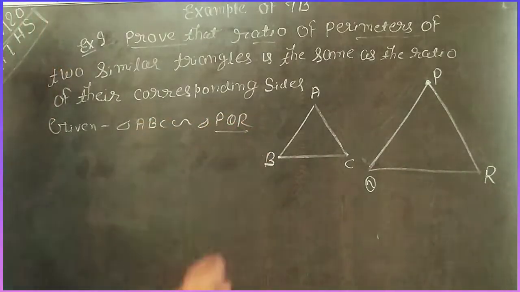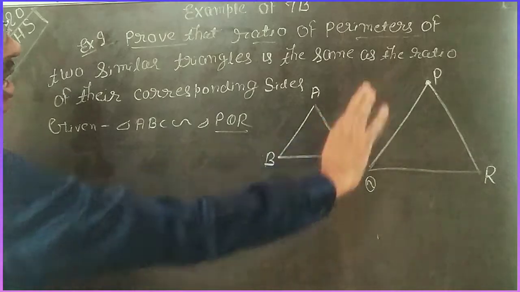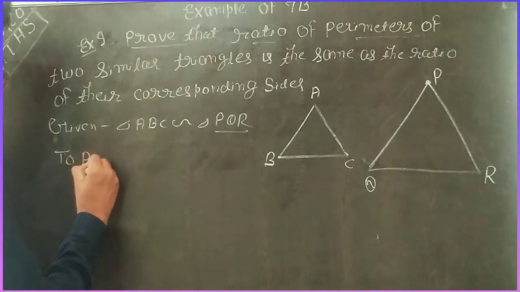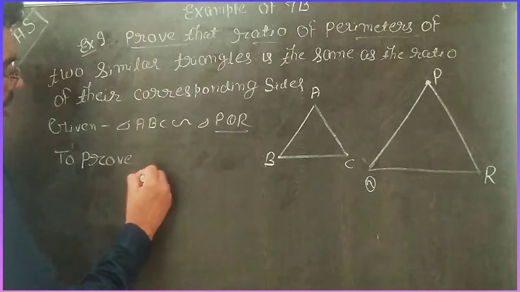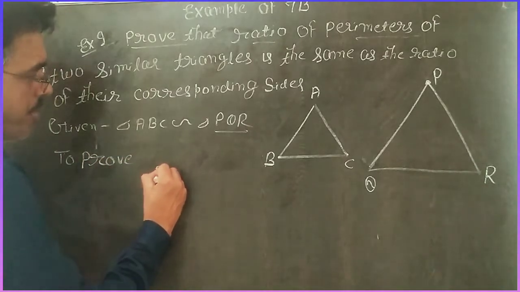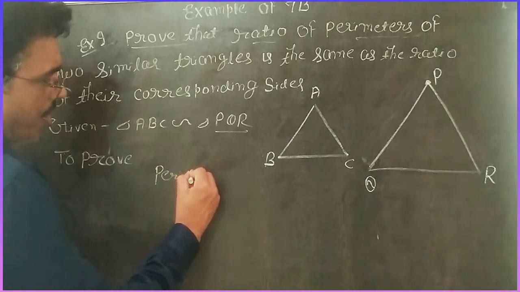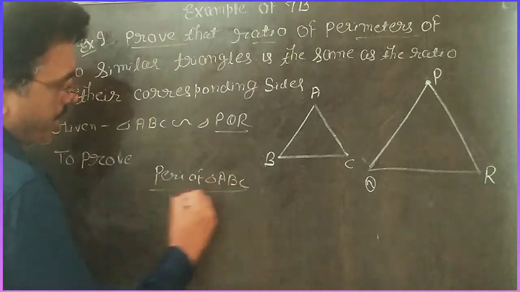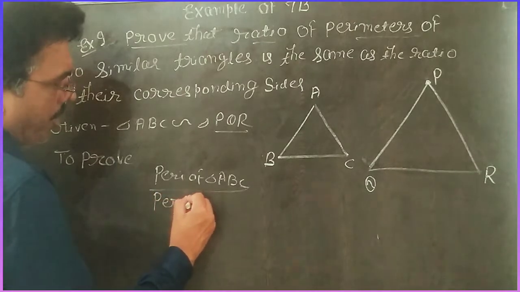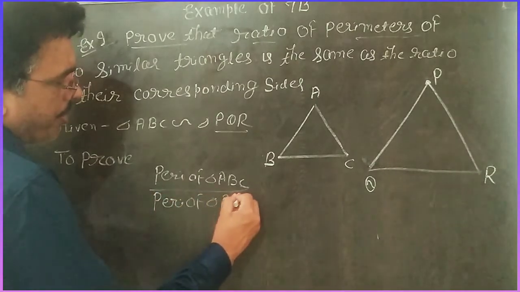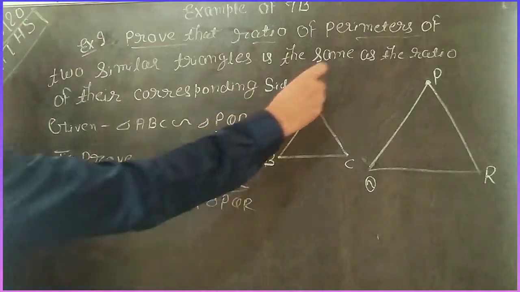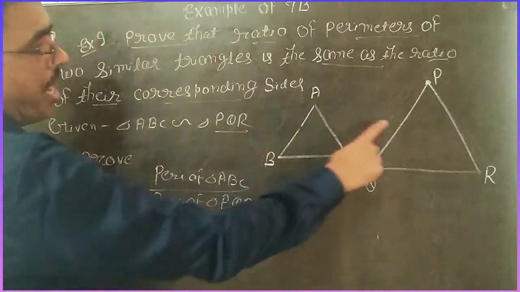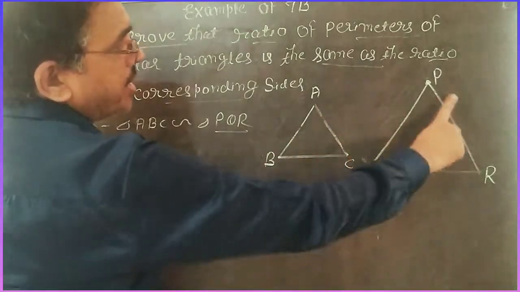I take two triangles, both are similar, named ABC and PQR. Your question is to prove that the ratio of the perimeter of triangle ABC to the perimeter of triangle PQR is the same as the ratio of their corresponding sides. The sides are AB, PQ, BC, QR, AC and PR.